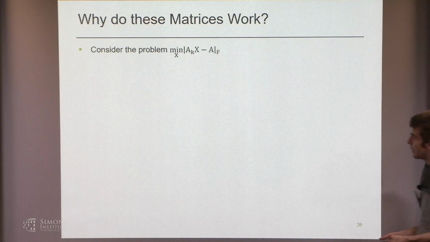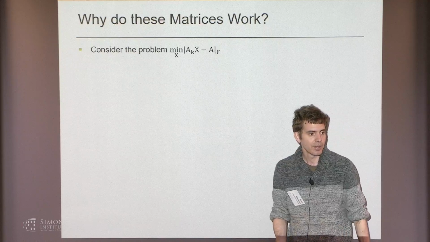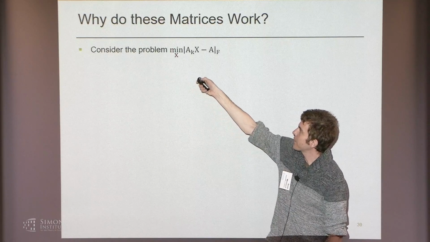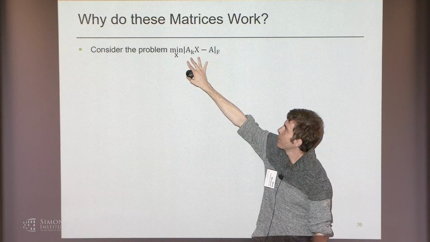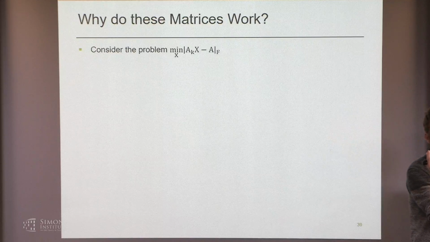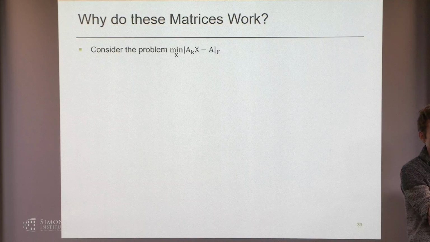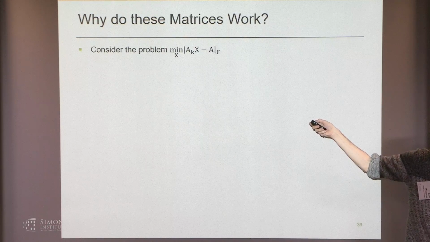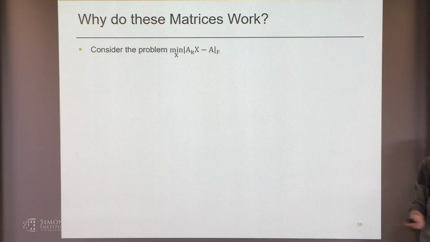Let's look at a hypothetical regression problem: the min over matrices X of the Frobenius norm of A_k X minus A. A_k is the best rank k approximation to A, given by the SVD. So what is the minimizer X here? Identity, right? I just set up some problem.